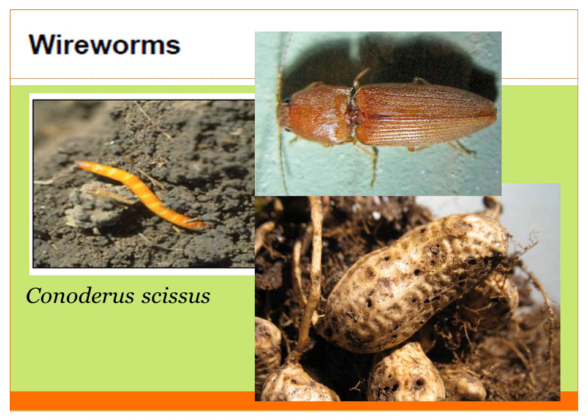Next is the wireworms. On the left you can see the worm of Conoderus sisus, and the upper right photo is the adult wireworm. And on the lower right photo is the damage they cause to the pods of the peanut. The adult is brown and is unique for its uniform color pattern, which makes it easier to separate from the other members of the genus.